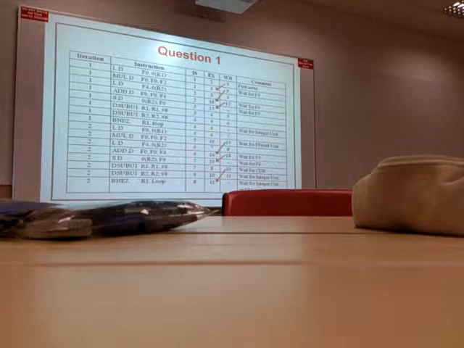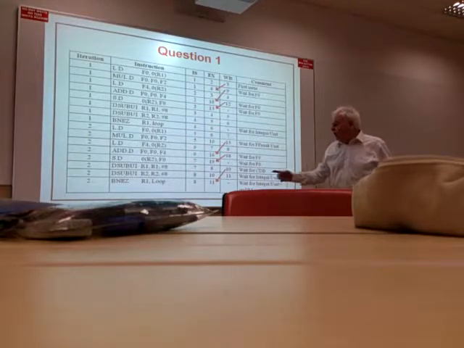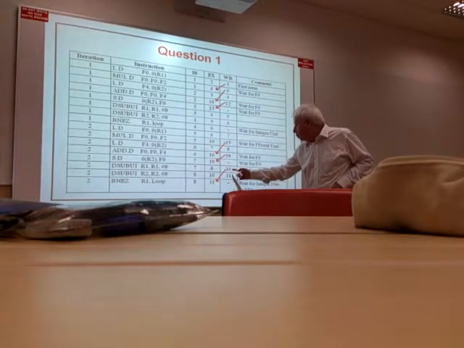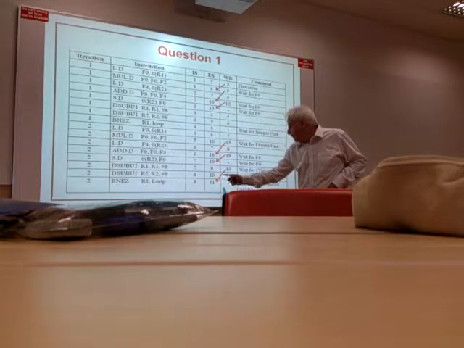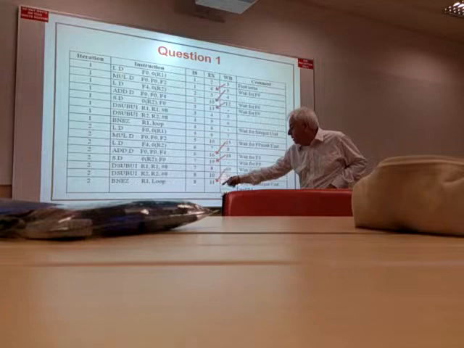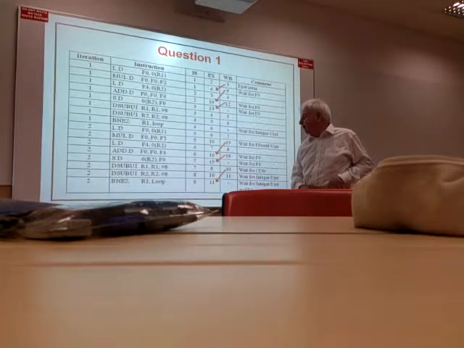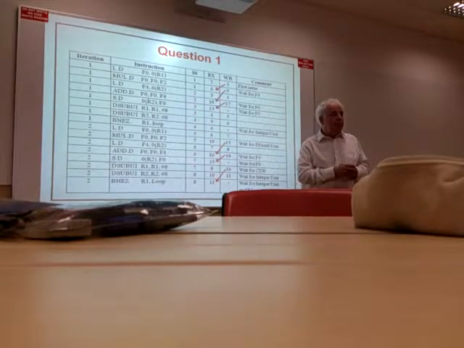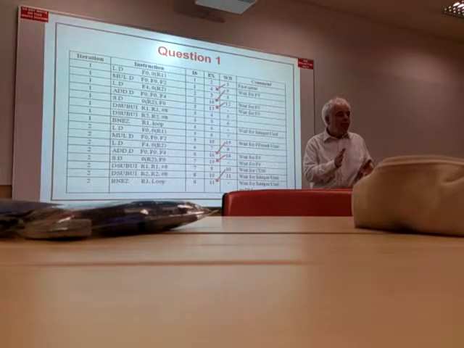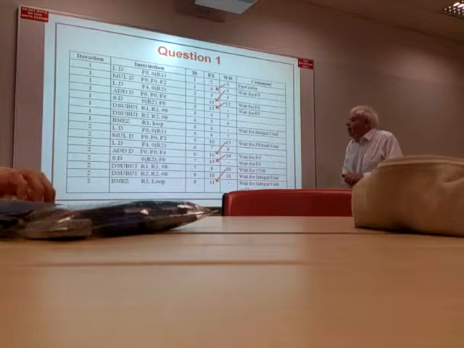First of all, we have to wait for the value of R1 to become available, and also the integer unit as well. It's not available until clock cycle 11. Okay, does that answer your question?